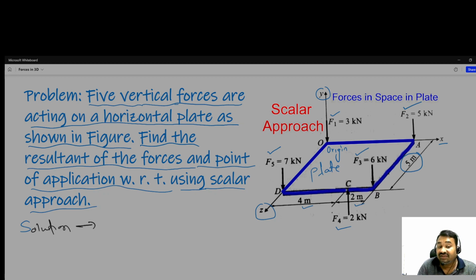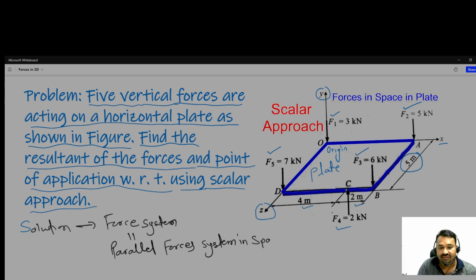So our system is a force system, and which type of force system? You can see here, it is a parallel force system in space.